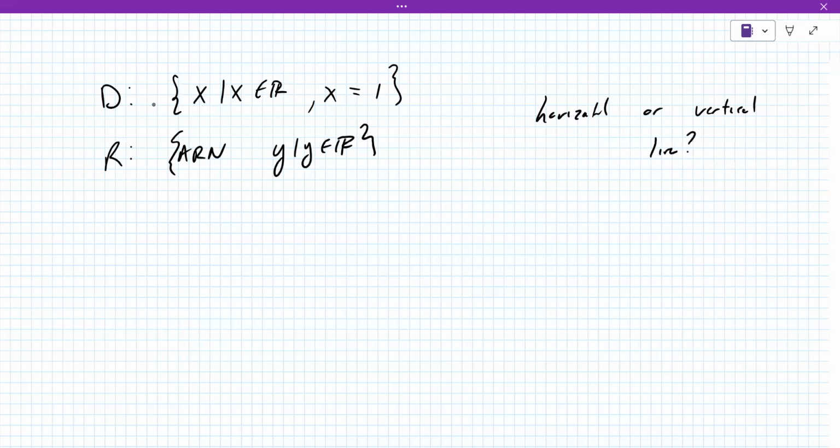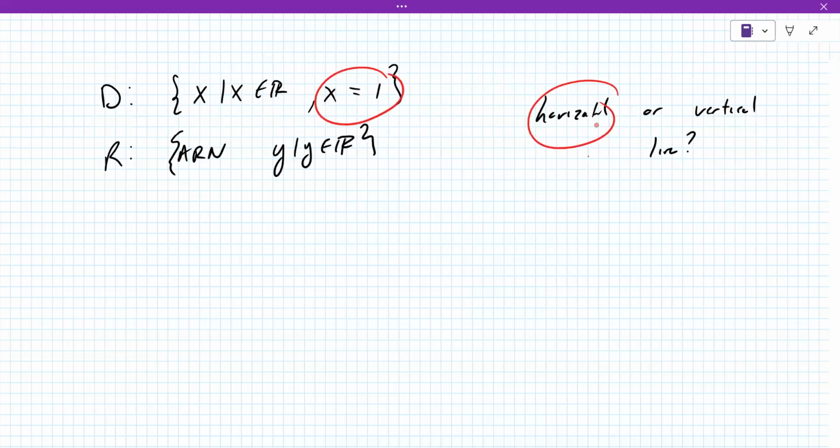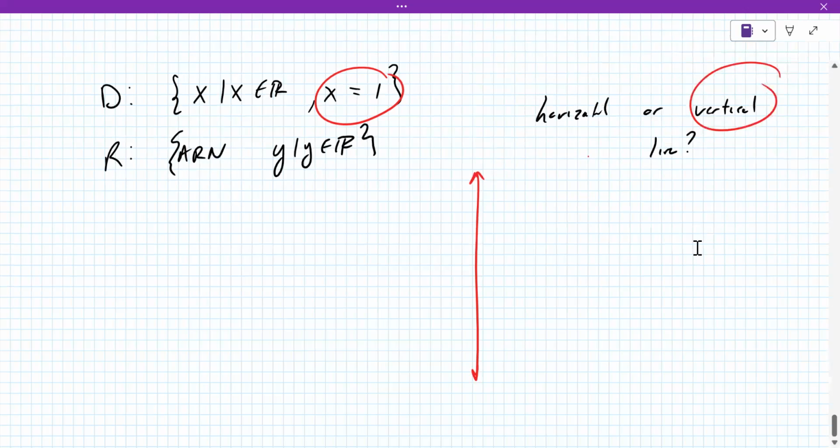Vertical. Yeah. So you could even graph this, right? You could say, okay, that's x equals 1. So it's actually vertical. Okay.